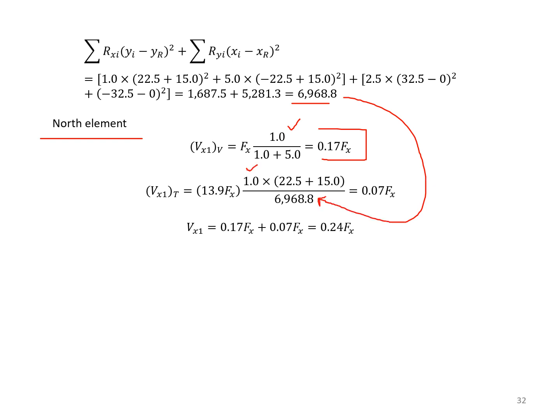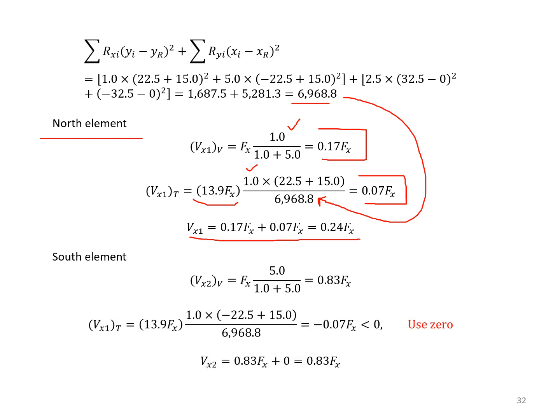Rigidity is 1, distance is 22.5 plus 15. We're talking about the distance to the center of rigidity. The torsional moment 13.9 Fx, so you get an additional 0.07x, which is positive, right? So you add it. Therefore, you get a total shear of 0.24 Fx.